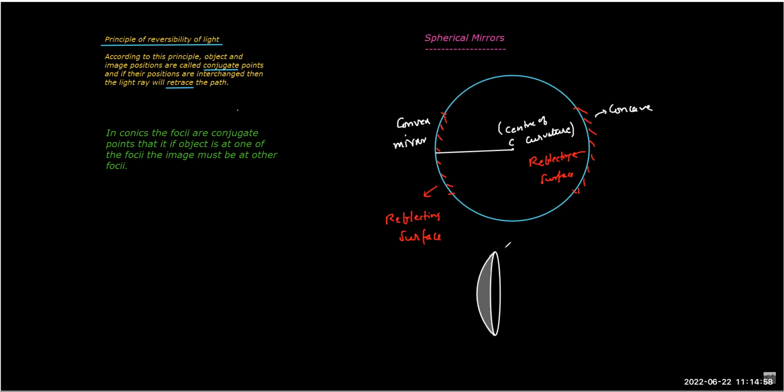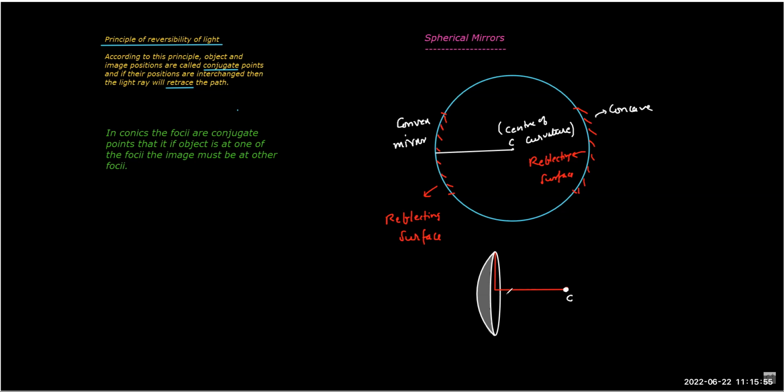So if this is the reflecting mirror, the center of curvature is the center. The center of the sphere of which the mirror is part is called the center of curvature.